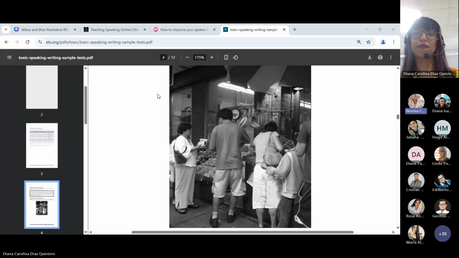Because some teachers say, no, no, no, in speaking, not very good because he made mistakes or whatever. No, we have to consider the level of the student when evaluating. Making a mistake doesn't mean that the student is not fluent.